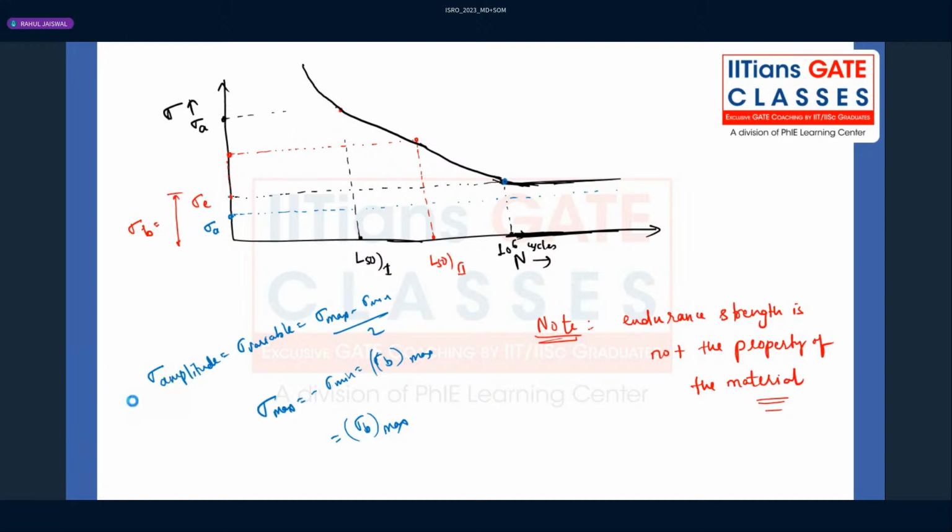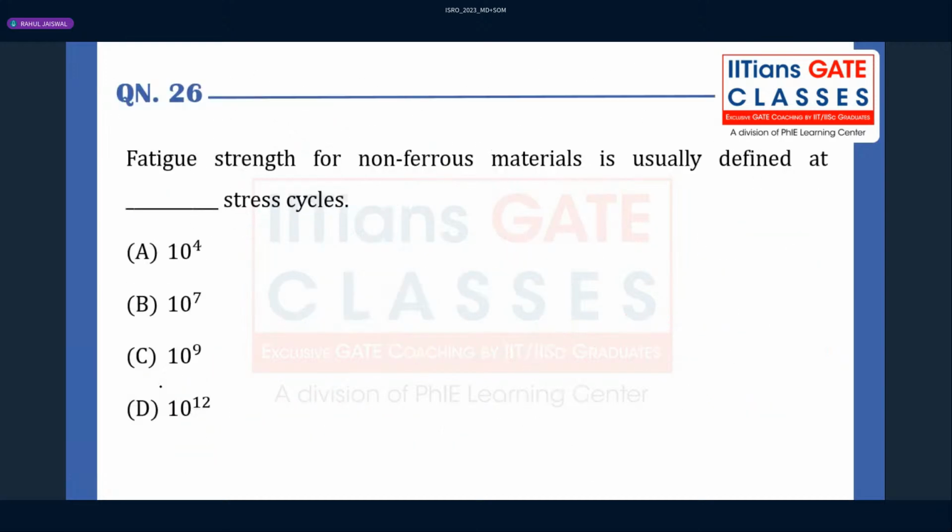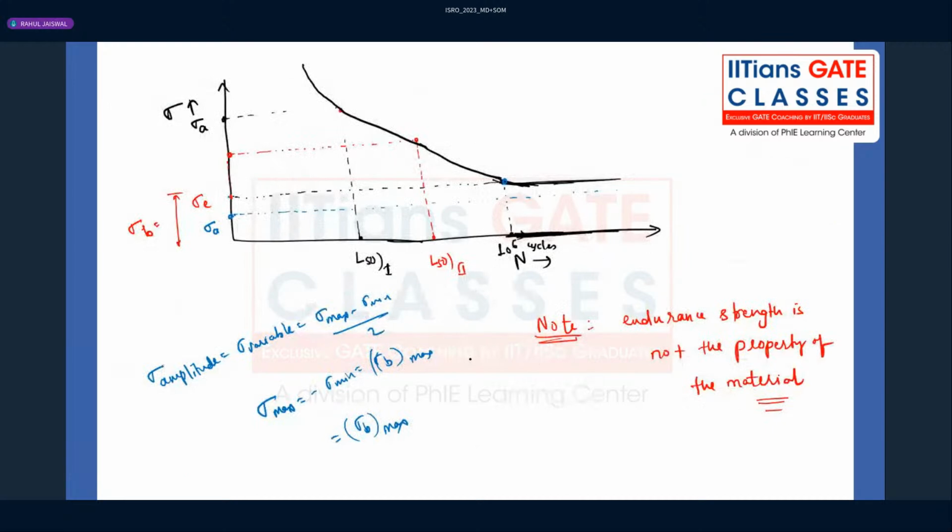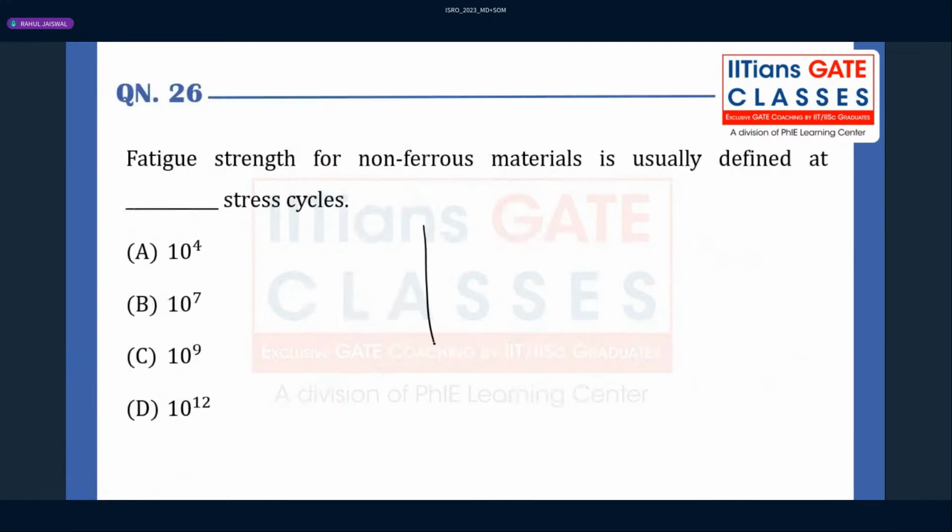Now in this question, they are asking at how many cycles the fatigue strength or endurance strength for non-ferrous material is usually defined. This particular graph we have plotted is for ferrous material. Generally for non-ferrous material, this graph will become asymptotic at 10 to the power 7 cycles, right?